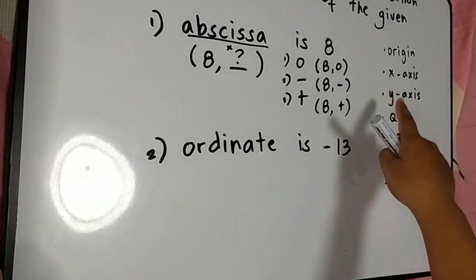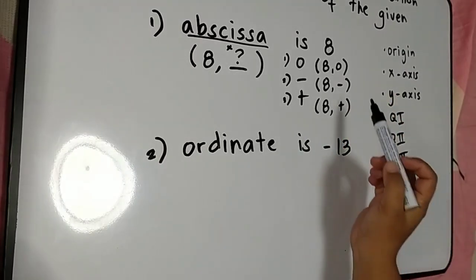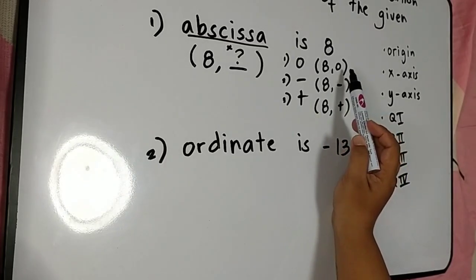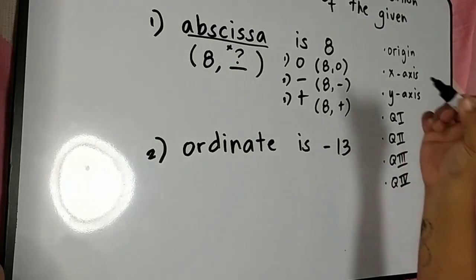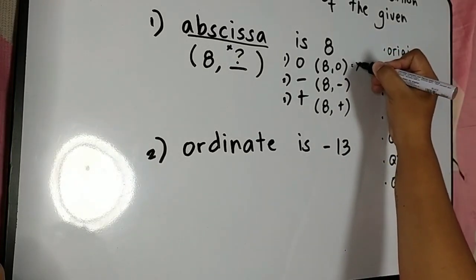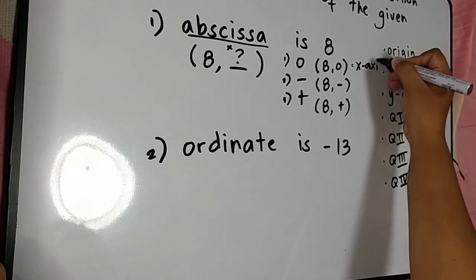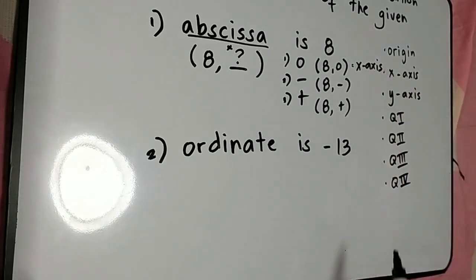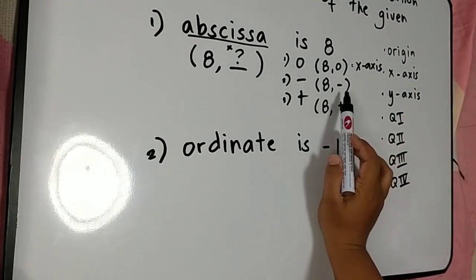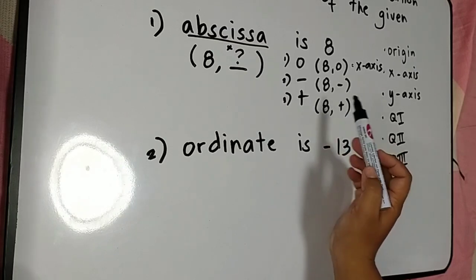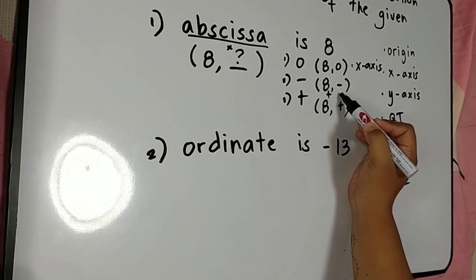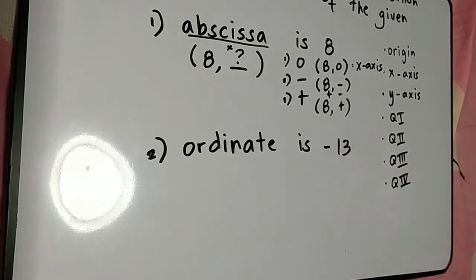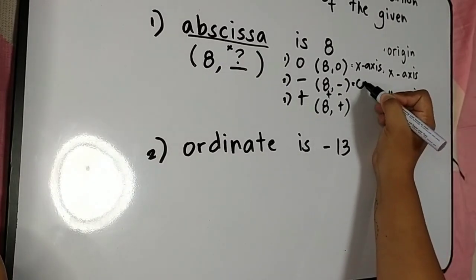So, if y is 0, then abscissa is 8, saan ang location neto? Diba, since si x-axis lang yung may given, so ang location niya ay nakay x-axis. Now, we have here 8 and negative, yung value ni y. So, 8, ano bang sign niya? That is positive. So, positive, negative, saan quadrant yan? Okay, that is under quadrant 4.